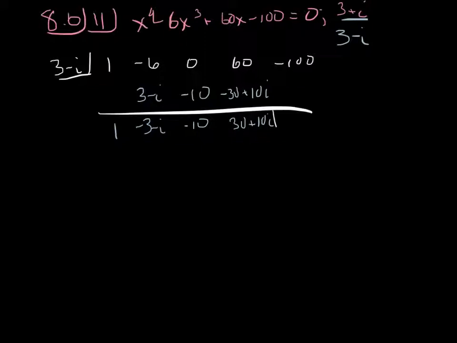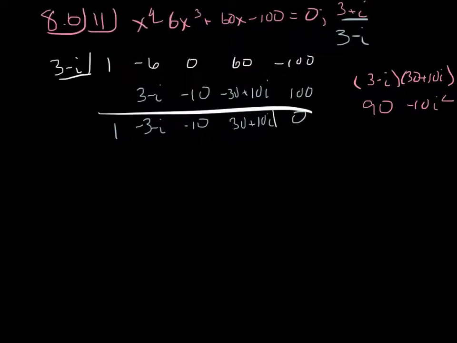And then I'm going to come out here and do this over here. 3 minus i times 30 plus 10i. Okay, so that's 90 minus 30i plus 30i cancels, minus 10i squared. That's 100. So I'll get 100, and I get 0 like I'm supposed to.